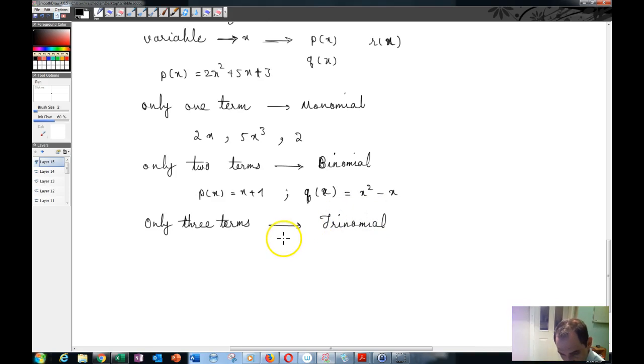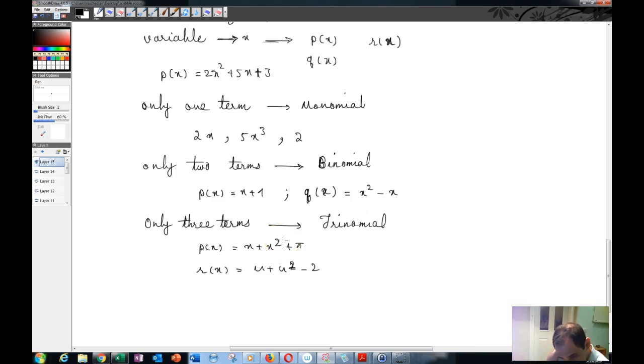For example, let's say that p of x is equal to x plus x squared plus pi. Or for example, let's say that r of x is equal to u plus u squared minus 2. These are called trinomials. Each of them has three terms.